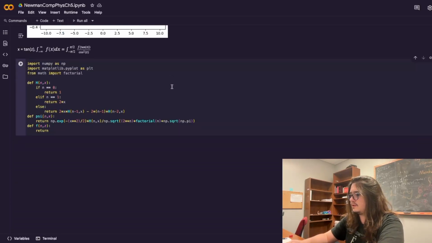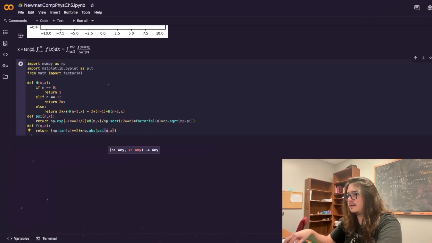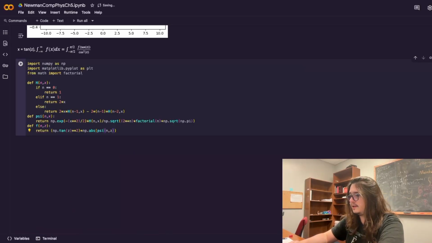So it's going to return, first of all, the tangent of z squared, and I should really put that squared inside of these parentheses, but then multiplied by the numpy absolute value of psi of n comma numpy tangent of z.